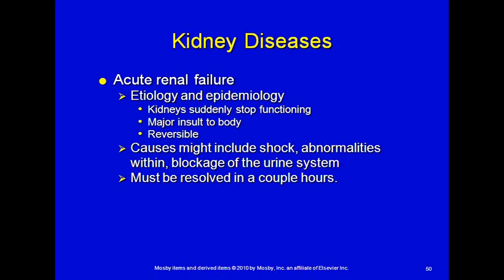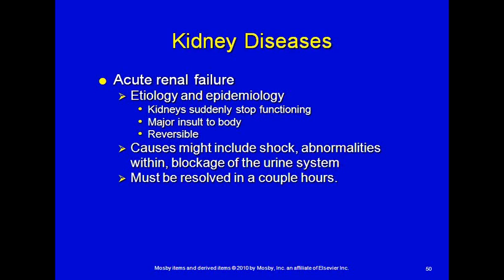Whenever that occurs, usually your vital organs receive a blood supply at the expense of the gut and the kidneys. So they often get low blood flow states during shock, and as a result can have significant cellular tissue damage, and may go into acute renal failure days after the insult.